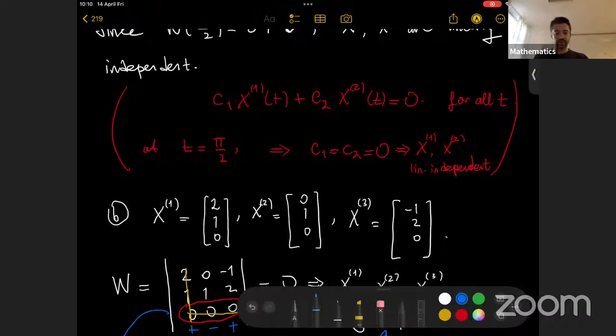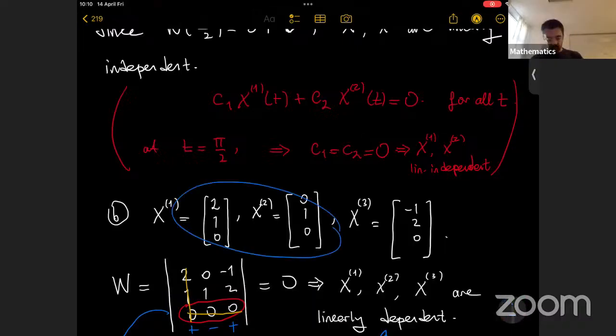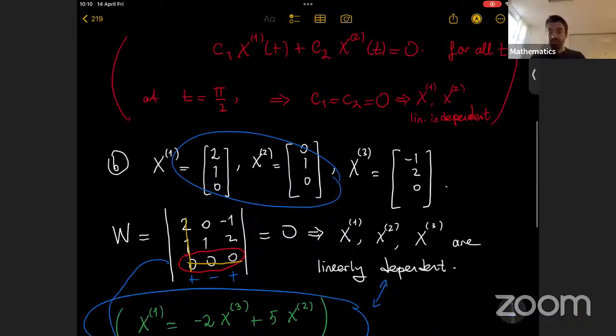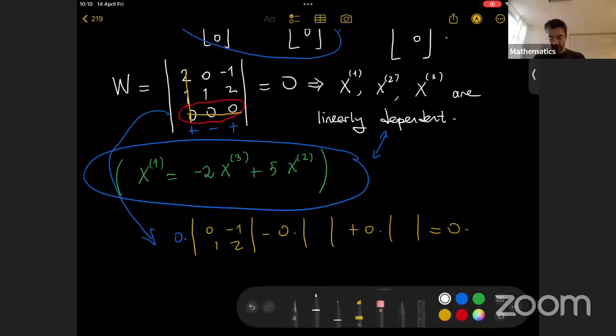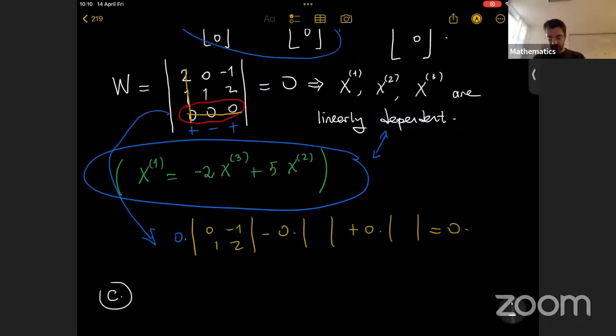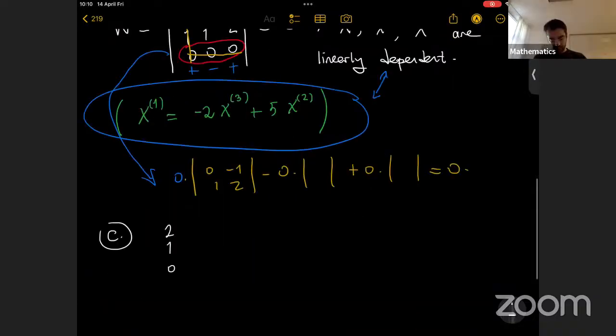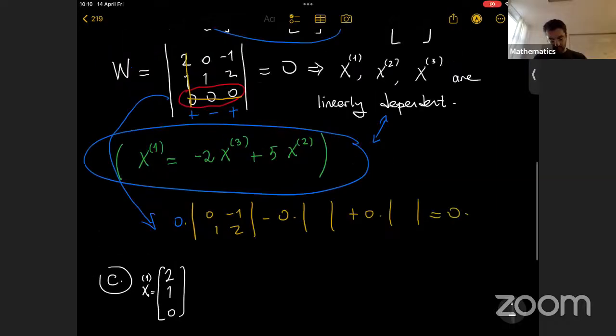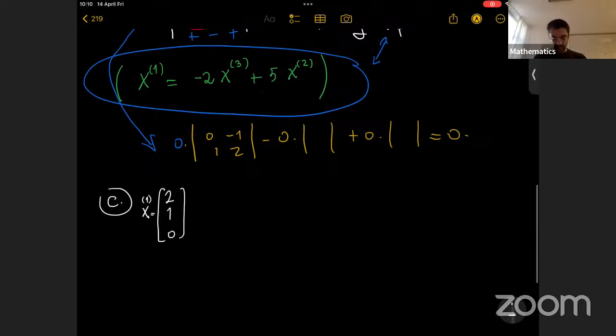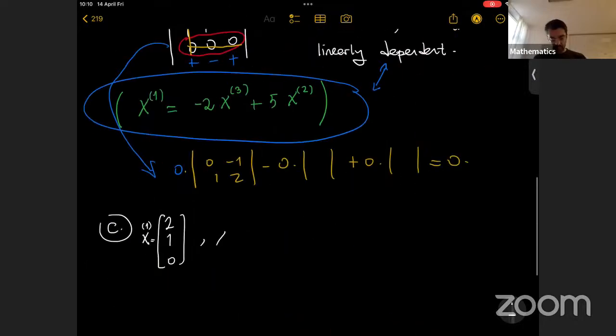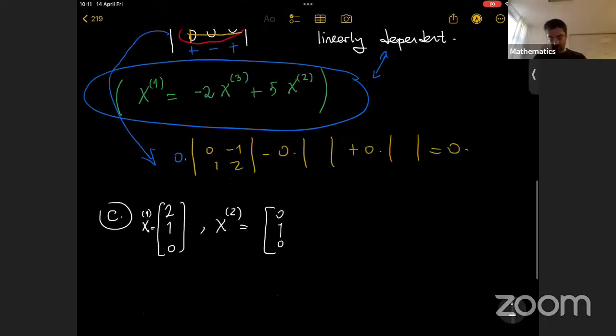So if you think of these two, for instance, these are linearly independent. Maybe let's try this. Let's do this as a third part, C. Let's take these two vectors: x1 is (2, 1, 0), and the other is (0, 1, 0).